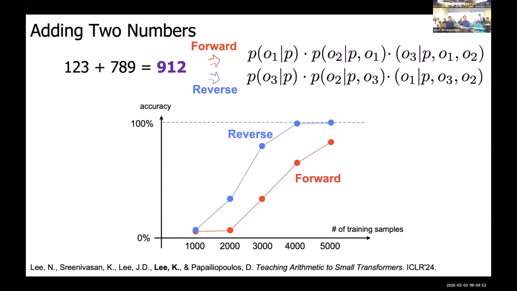This shows the number of examples used for training a transformer from scratch. We have a data set with digit-by-digit tokenization, a bunch of numbers added together, and the answer. We train transformers from scratch to see which order is easier to learn. The red curve is the accuracy of the forward-trained transformer. The reverse-trained transformer achieves 100% accuracy much faster.